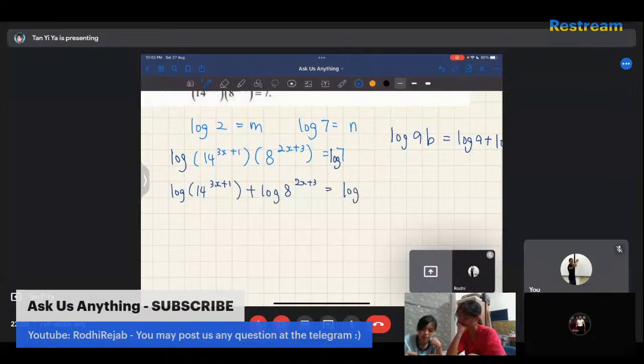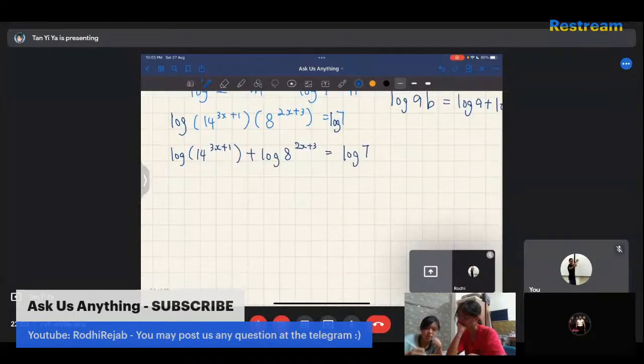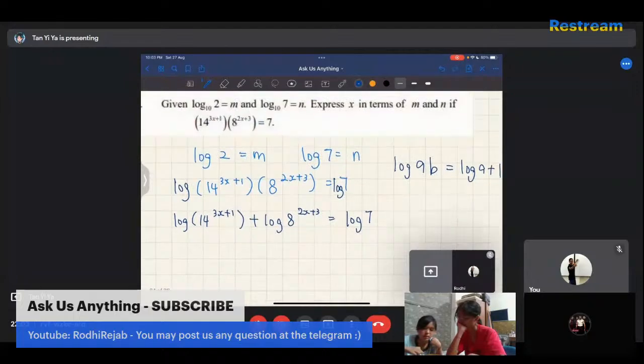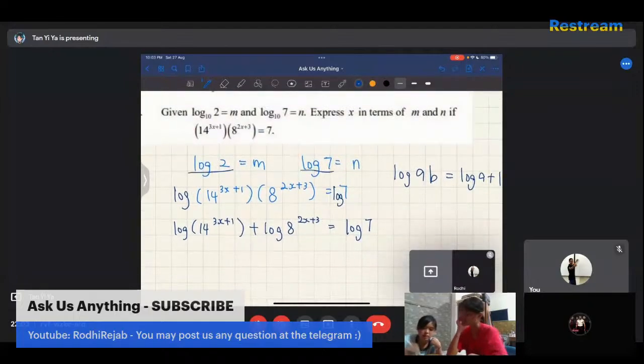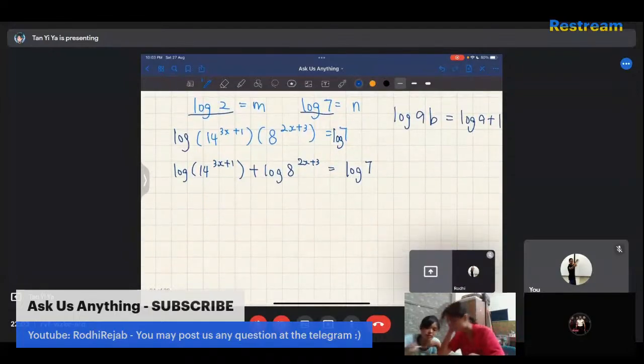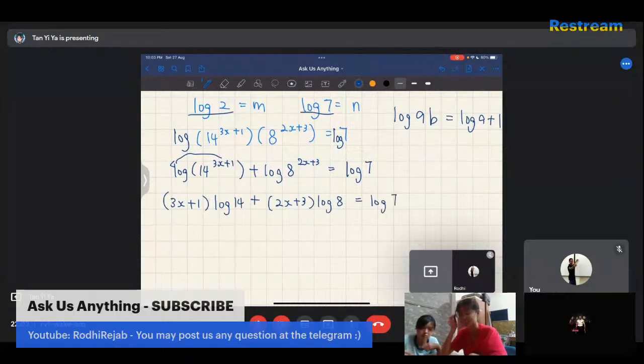We try to make it similar to this, because at the end we would substitute m and n into it. So bring down the powers: 3x plus 1 times log 18 plus 2x plus 3 times log 8 equals log 7.